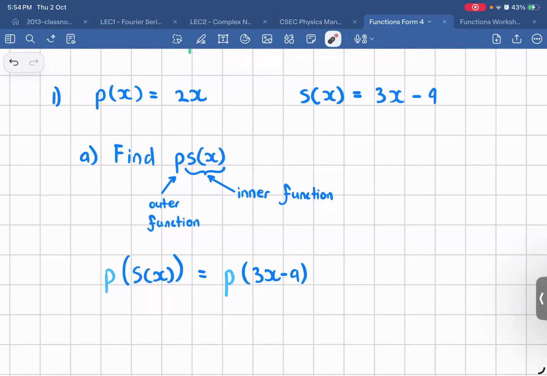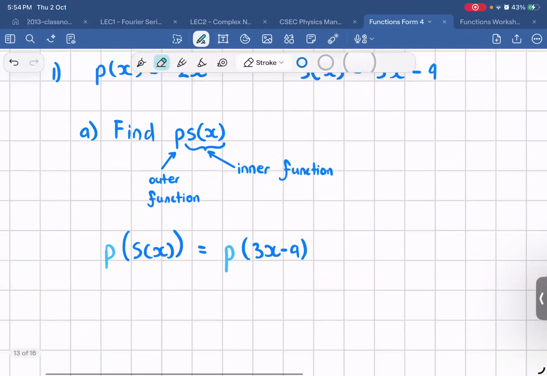So this is S of X. What is S of X equal to? Okay, S of X is equal to 3x minus 9. That's what it's equal to. Seeing that? Yes, sir. Nice.